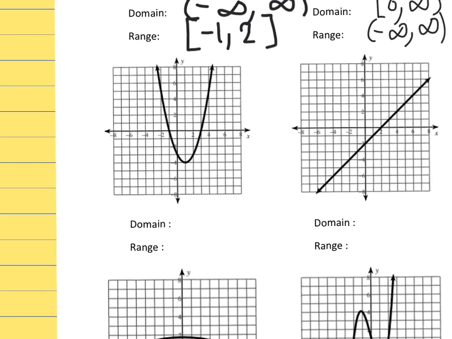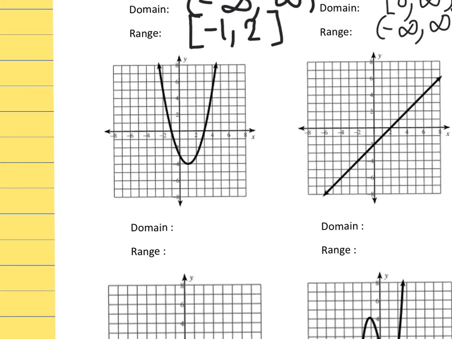So for this domain right here, what you want to do is look left and right. So technically this keeps going to the left. This keeps going to the right. So it's negative infinity to infinity. But the first y value for the range up and down doesn't start until negative 4.